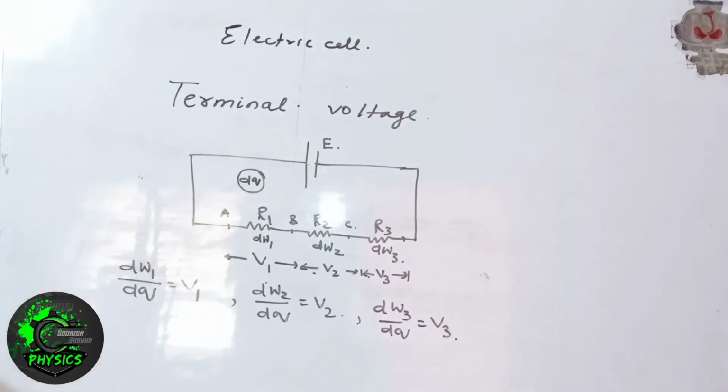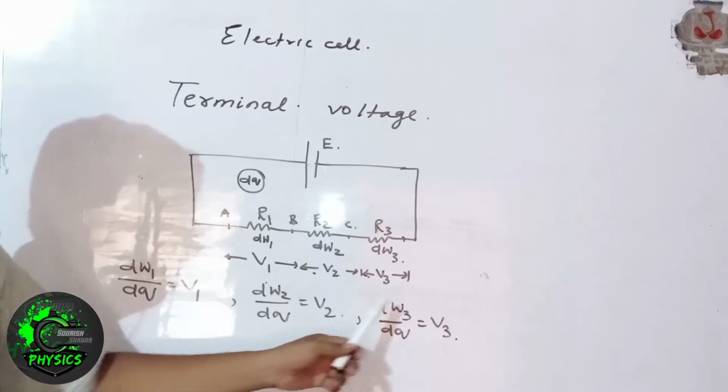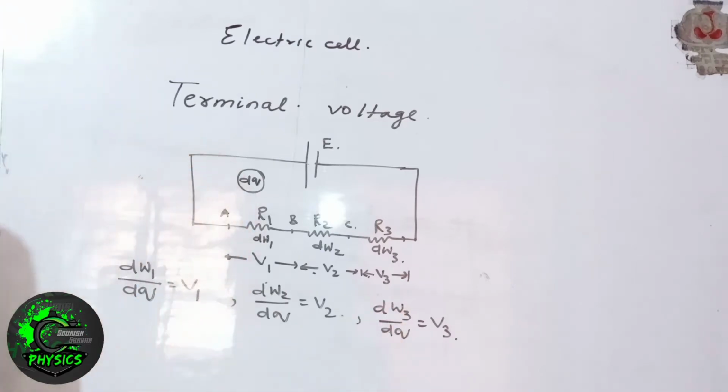So V1, V2 and V3 are represented by dW1/dq, dW2/dq and dW3/dq.